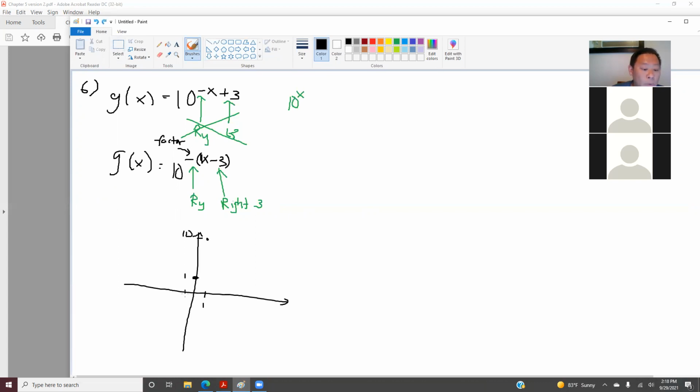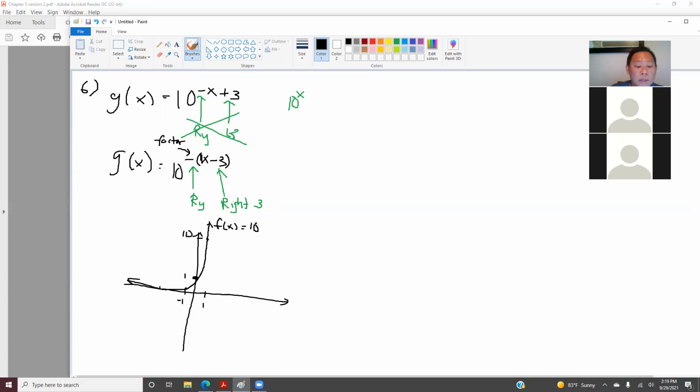If you put in -1, this is 1/10, which is 0.1. So this number is really small and it goes really fast like that. Okay, sorry. So this is your f of x, which is 10^x.